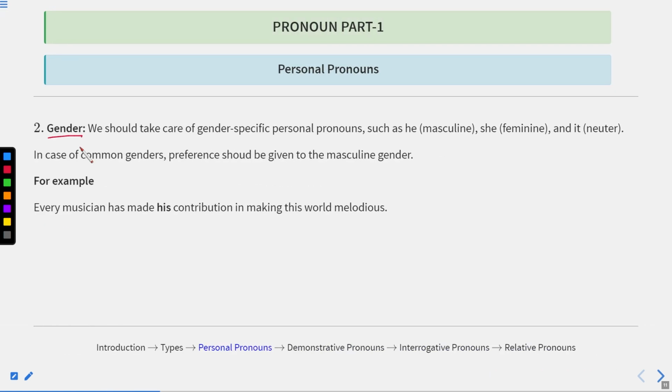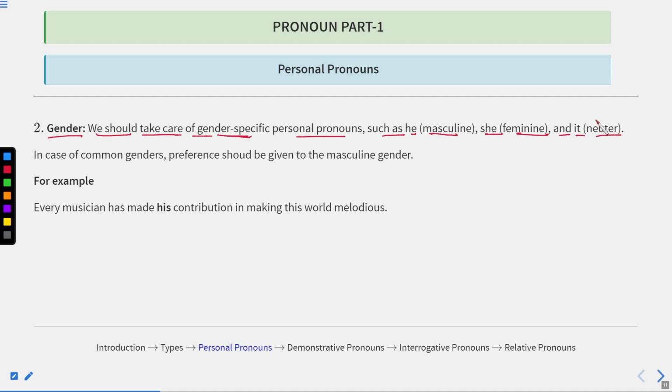Now, gender case. We should take care of gender specific personal pronouns such as he for masculine. It means whenever we talk about any male member, we can use he or him. She for any feminine member. For example, if I'm talking about any female, I would use she, or the objective case of she and the possessive case of she.